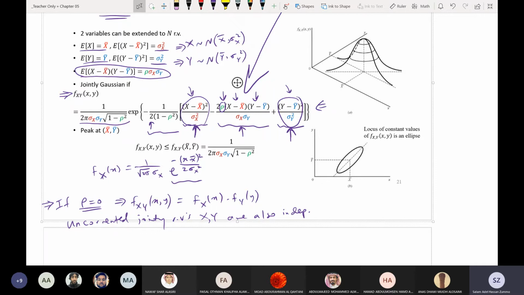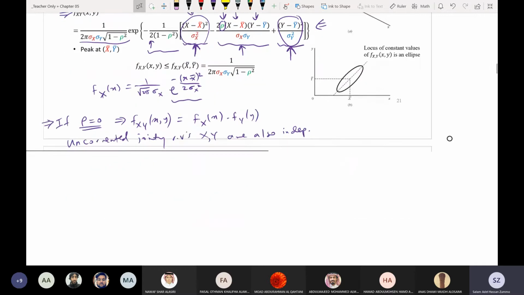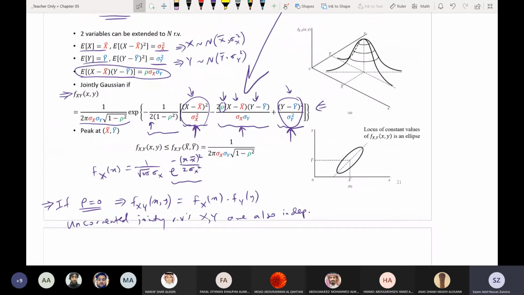However, for jointly Gaussian random variables, if they are uncorrelated, then they are independent also. And this is only for jointly Gaussian.